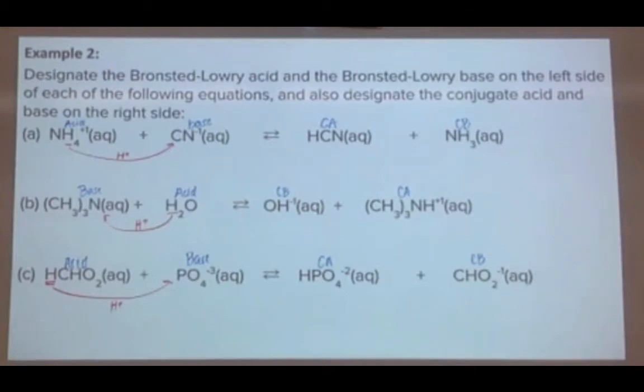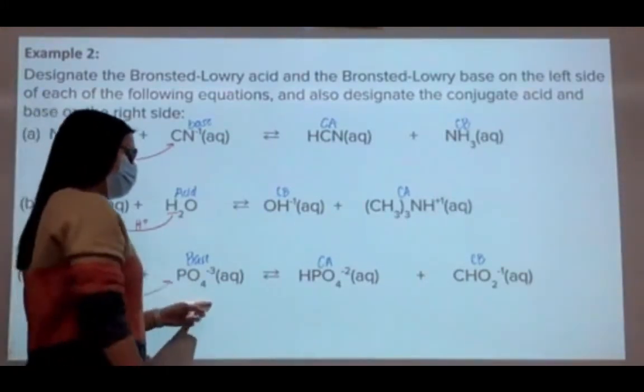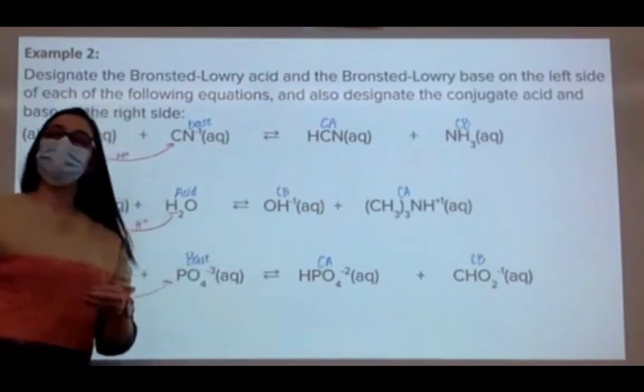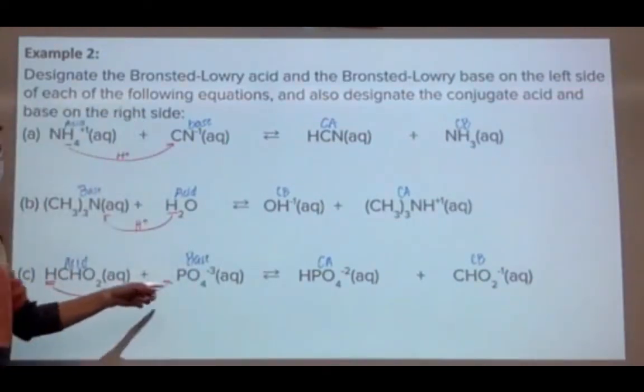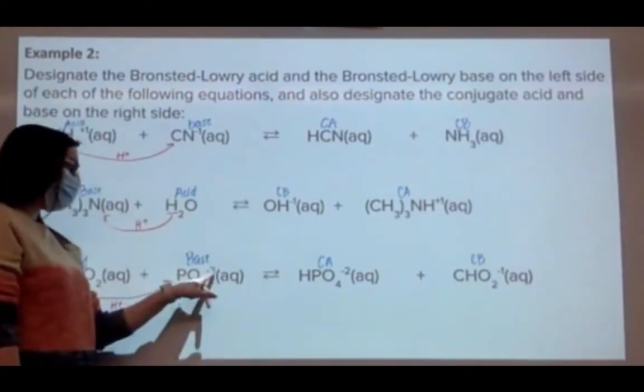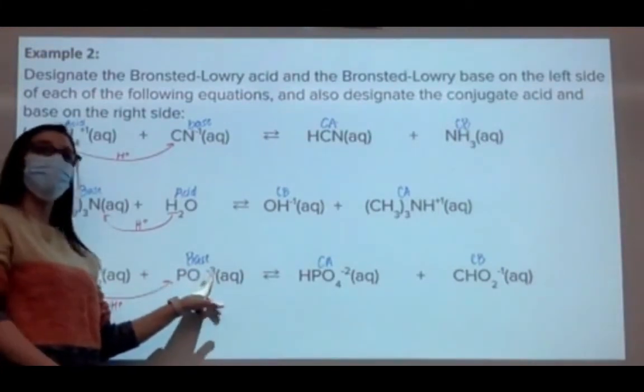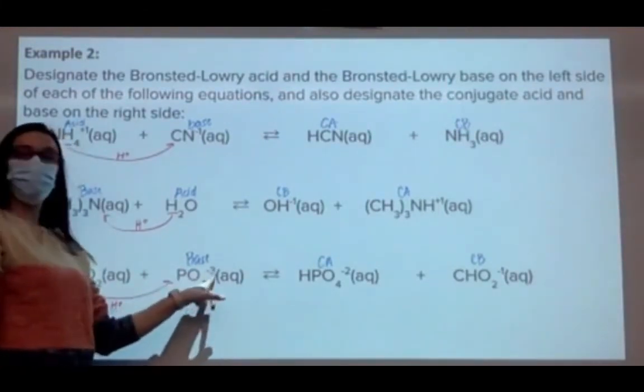In part C, I want to point something out. So HCHO2 is the acid, PO4 3- is the base. Notice how PO4 3- is only accepting one H+. It goes from PO4 3- to HPO4 2- because you're adding an H and a plus 1 to the charge.